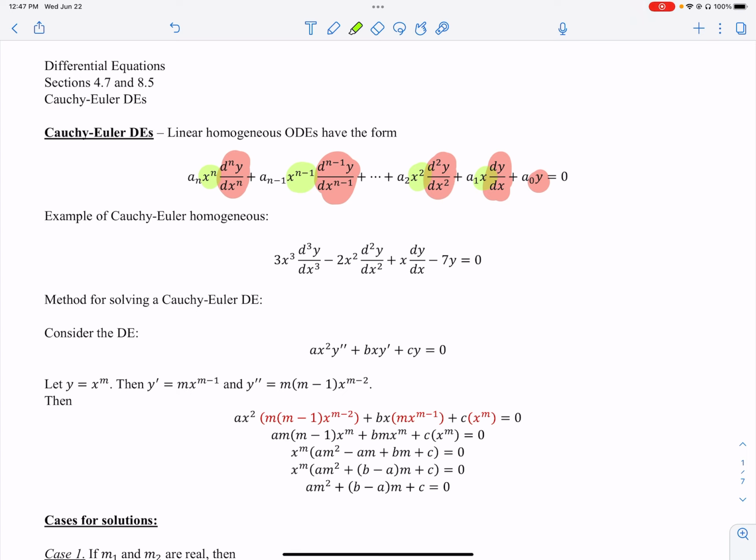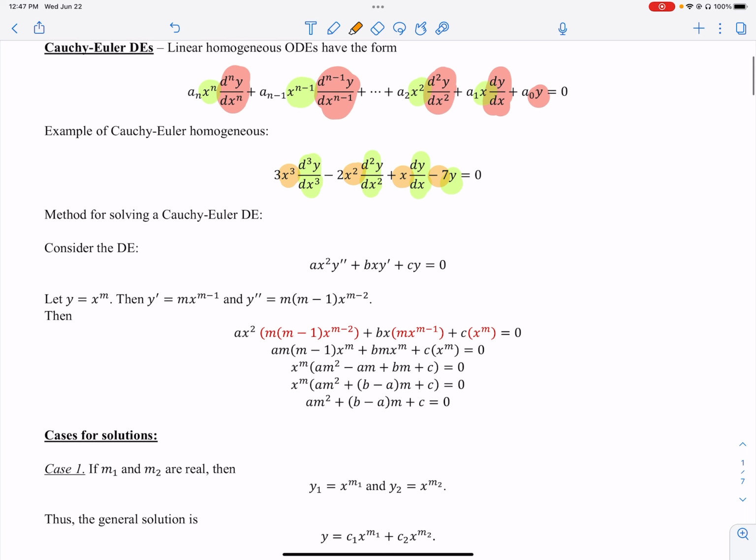Example of a Cauchy-Euler homogeneous ODE: notice these are all linear, and then we have 3x, x to the third, x to the second, x to the first, no x. That makes it a Cauchy-Euler. It's linear, and it also counts down in exponents.